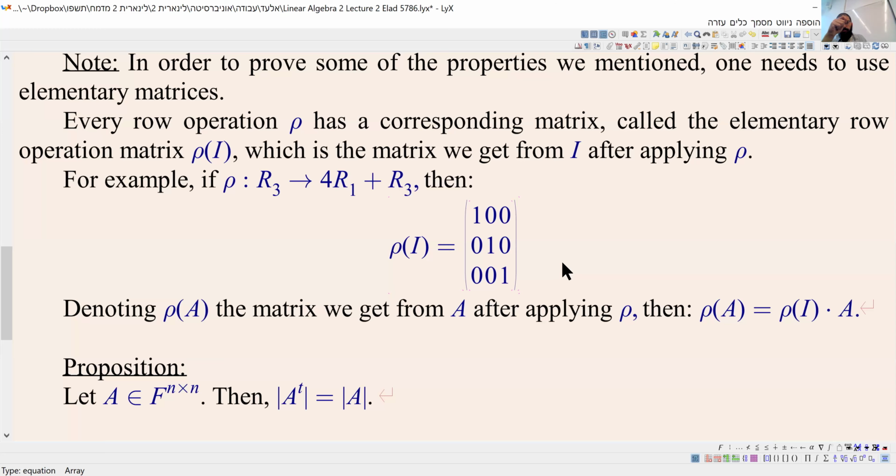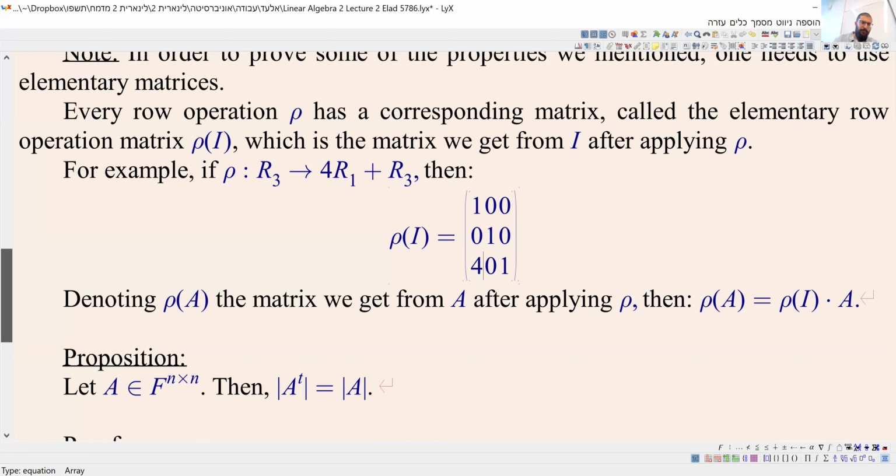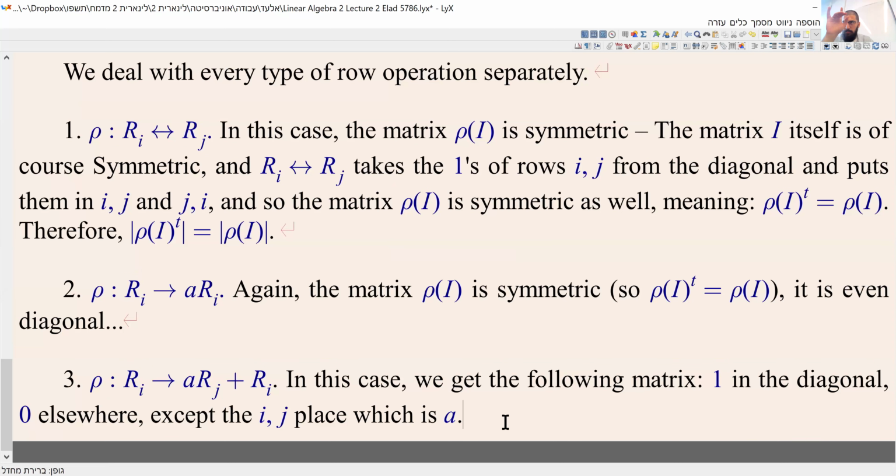Four times R1 to R3, it is 4 here. The entry, the place 3, 1 in the matrix is 4, it's a scalar A. In this case, the matrix is not symmetric, but R_i and R_i transpose are both triangular.